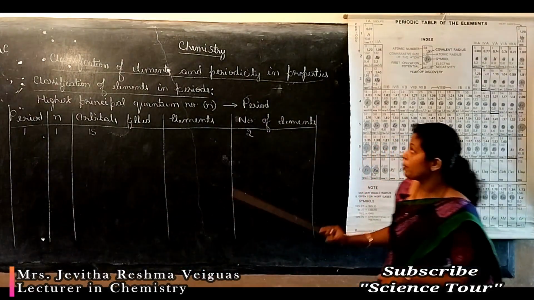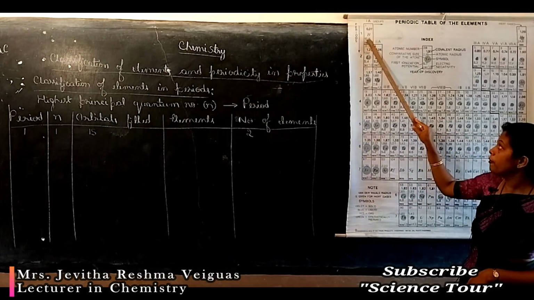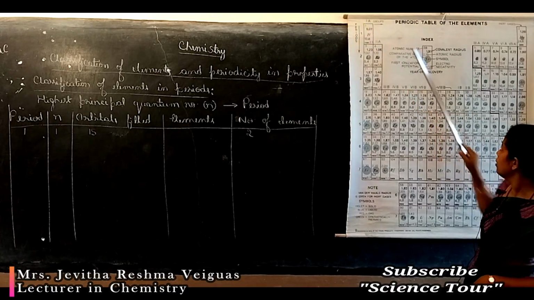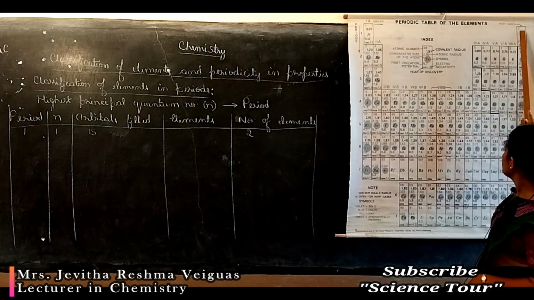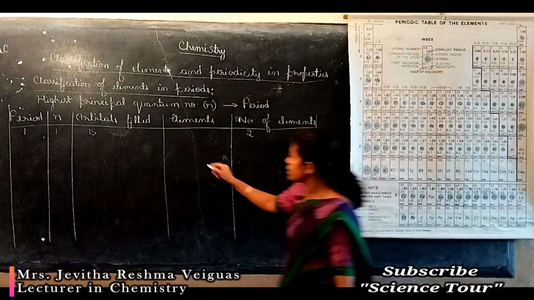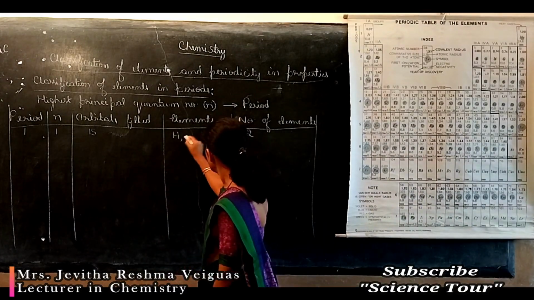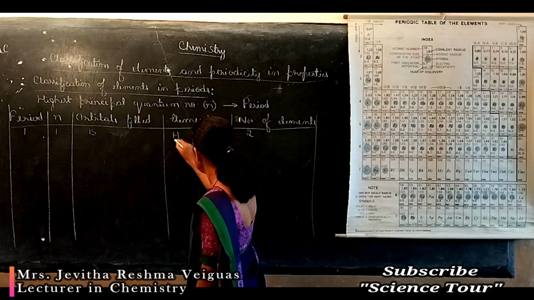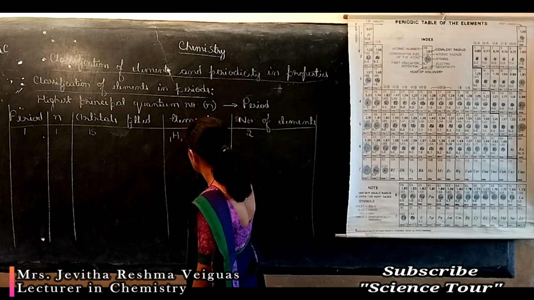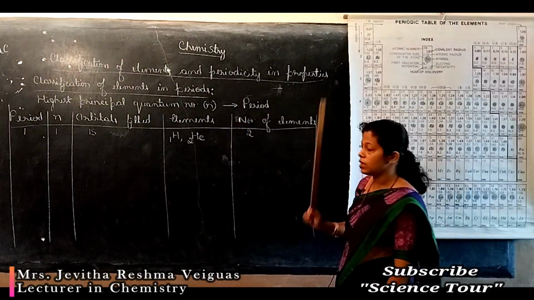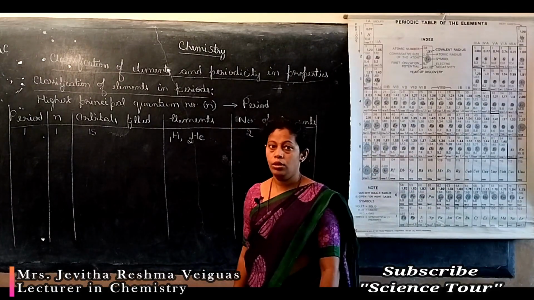Which are the elements present here? Look at the top of the periodic table. It's hydrogen with atomic number 1 and helium with atomic number 2. So these are the only 2 elements present in period 1.